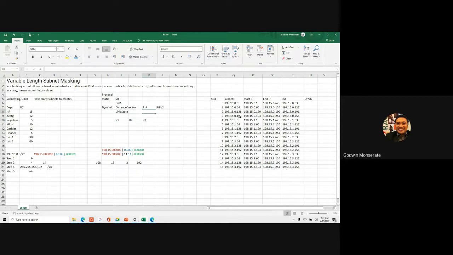EIGRP and OSPF are link state types of protocol. This semester I will teach RIP and RIP version 2 and static routing. And for Cisco 2, we will do EIGRP and OSPF.